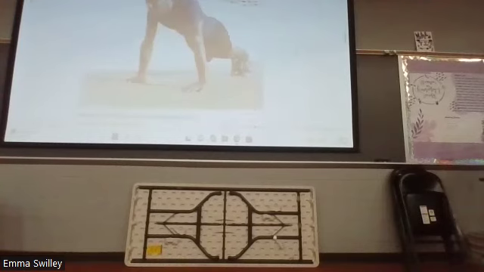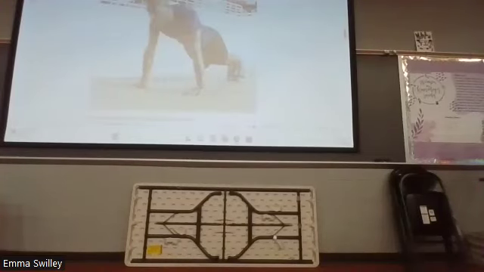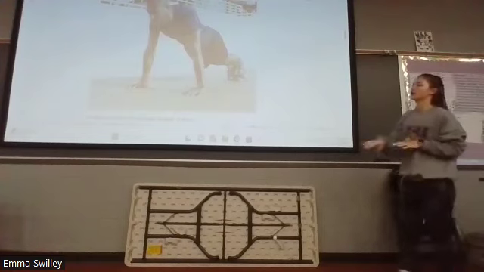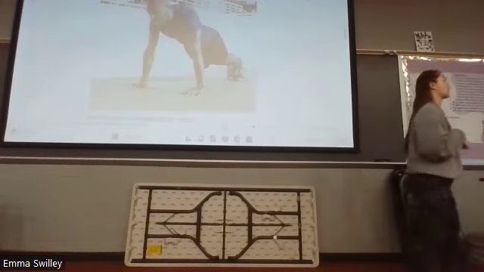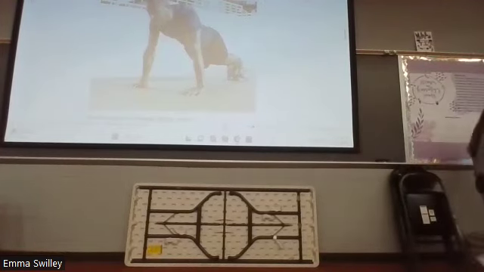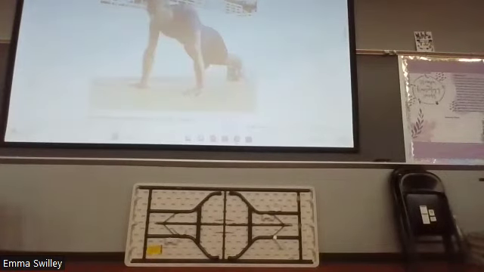Okay, this one's another position one. You can see it. Okay, so we'll talk about the elbow, shoulder, and wrist again. So horizontal abduction would be in flexion.